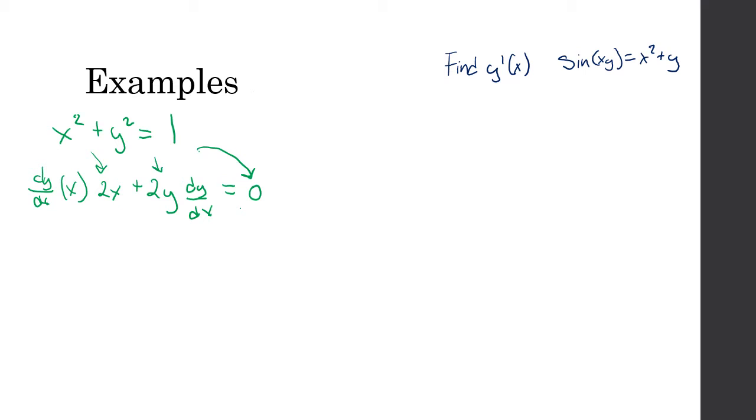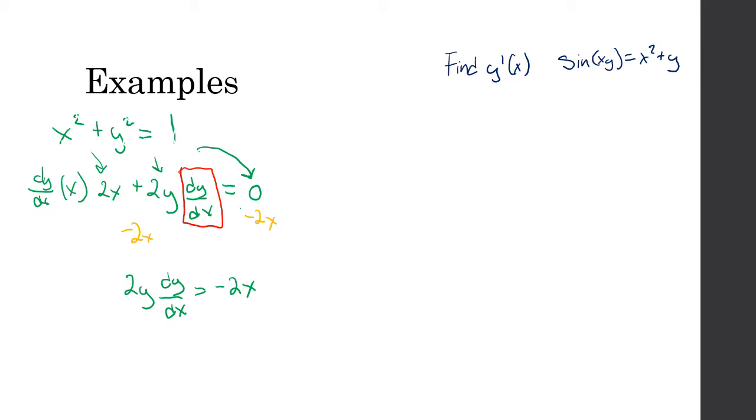So now what we need to do is isolate this dy dx and get it by itself. What we can do is subtract 2x from each side, which gives us 2y dy dx equals negative 2x.